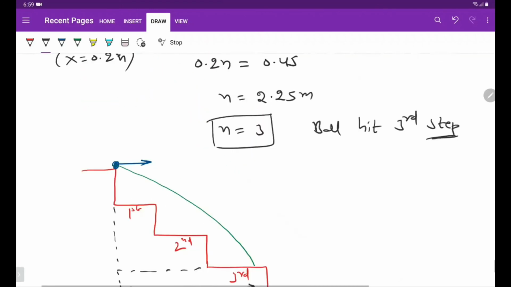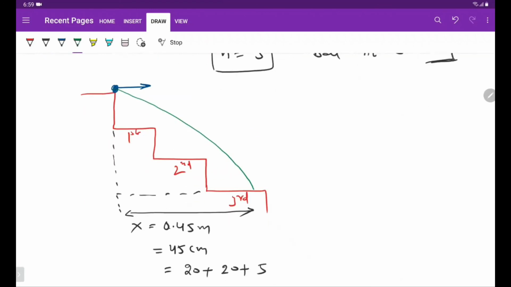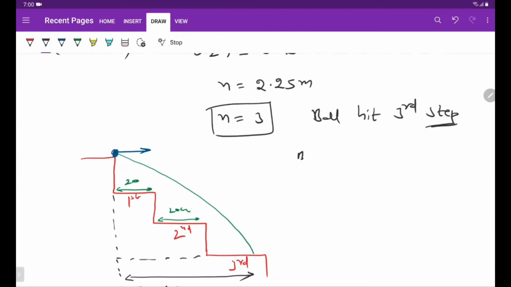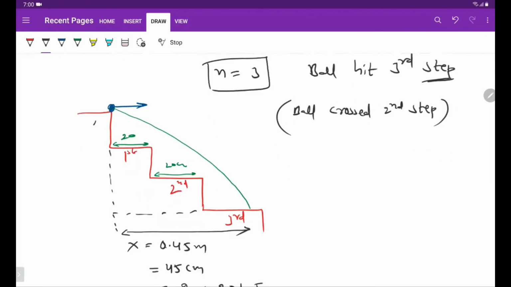We know this width is 20, so it just crossed the second step and will hit the third step. Similarly, it will also cover the y distance. This y is also the same, 0.45 meters, or 45 centimeters, exactly the same since x is equal to y.